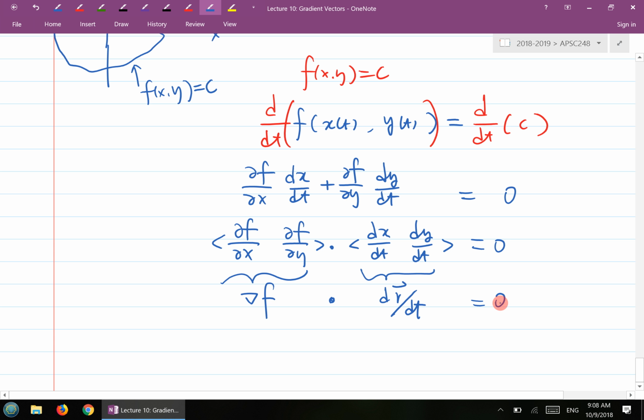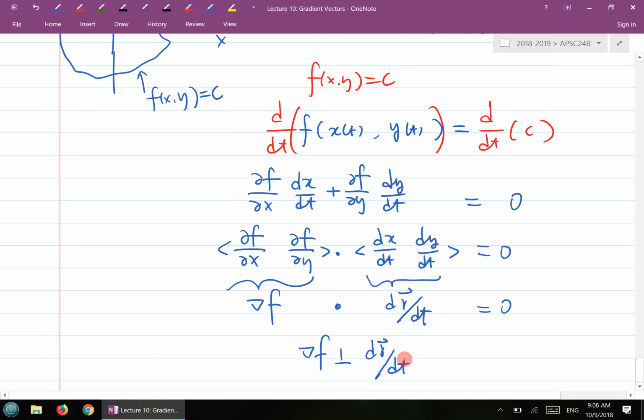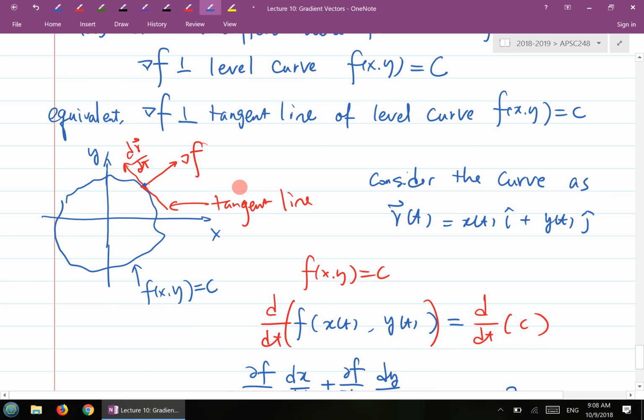When two vectors have a dot product of 0, the two vectors must be perpendicular. So you get del f perpendicular to this. That proves the conclusion: the gradient vector must be perpendicular to a line tangent to the level curve at that point, or the gradient vector is perpendicular to the level curve.